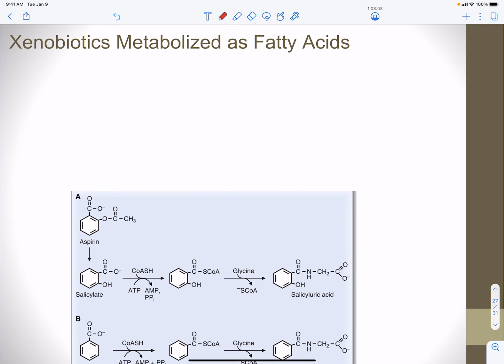Now, the liver is again important for detoxifying xenobiotics, and so it sometimes uses pathways of fatty acid metabolism to detoxify xenobiotics that are very hydrophobic and lipid soluble.